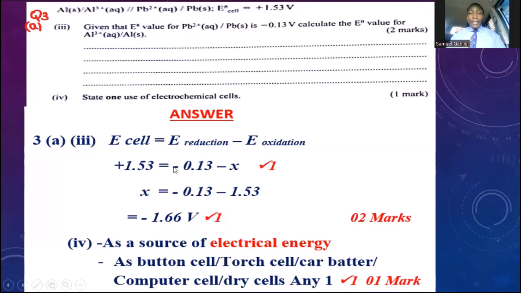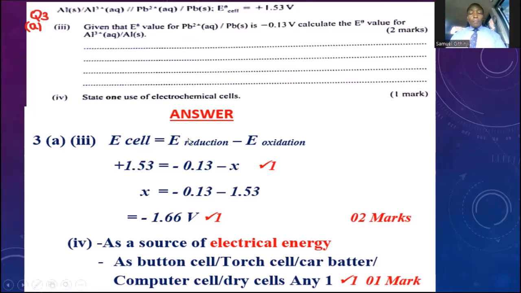We are starting with the negative 0.13, the one that we've been given, minus unknown. So the E value for aluminium, which is not given, equals this. So having done that, my student, the negative X can be on the left hand side, then the positive 1.53 on the right hand side. Then you add, you get 2 good marks, my student. That is not very difficult to get.